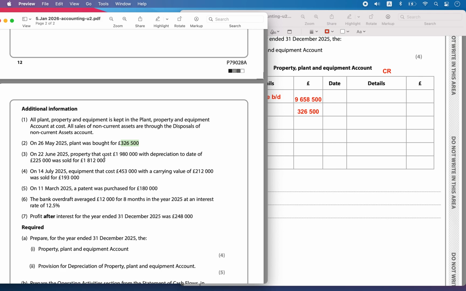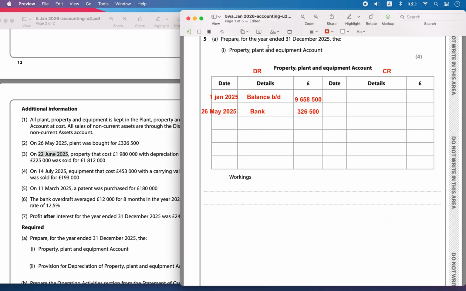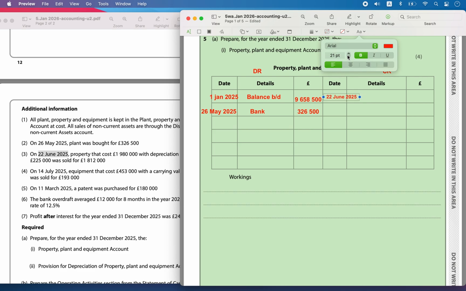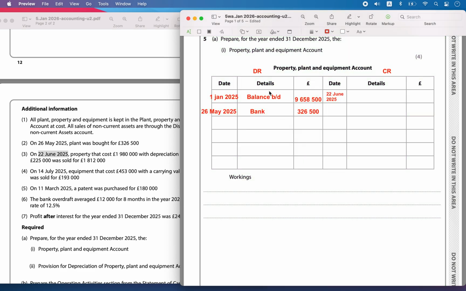Then on 22nd June 2025, property that cost 1,980,000 with a depreciation to date of 225,000 was sold for 1,812,000. So on 22nd June 2025 there was a disposal, so it will go into the disposal account.